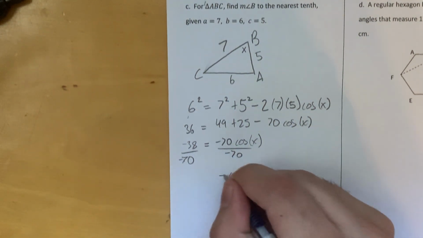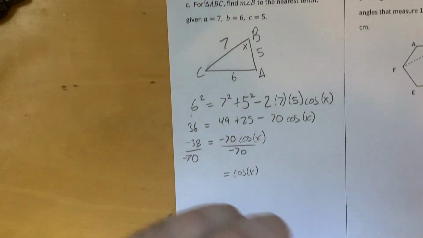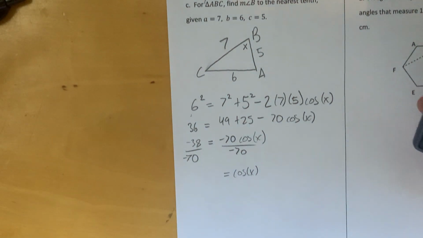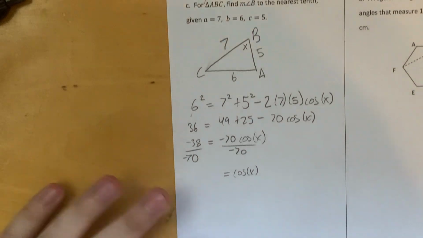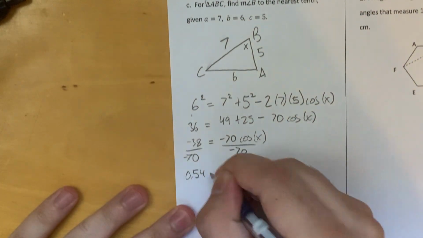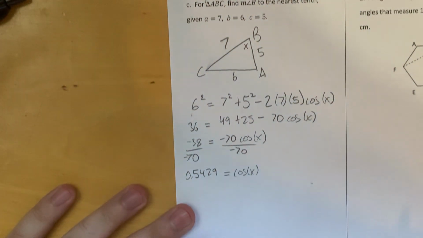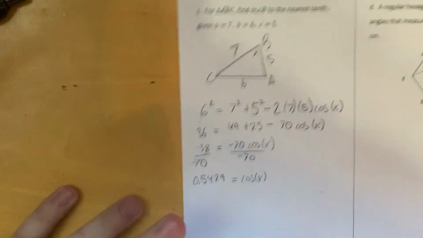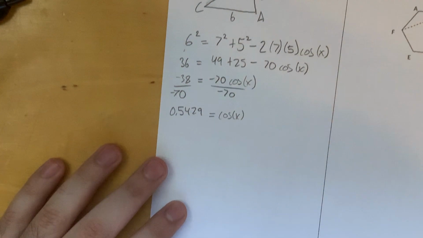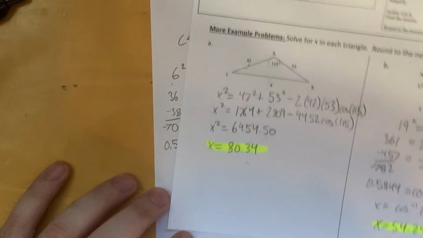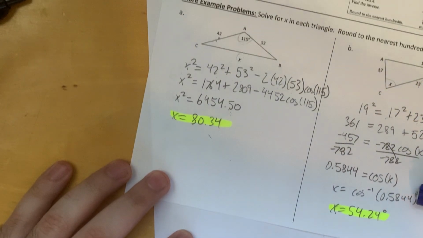Cosine of x equals, and then I'm going to plug it right into my calculator. Negative 38 divided by negative 70. If I could do this in my head. 0.5429. So it is very, very similar to part B, 0.5844.